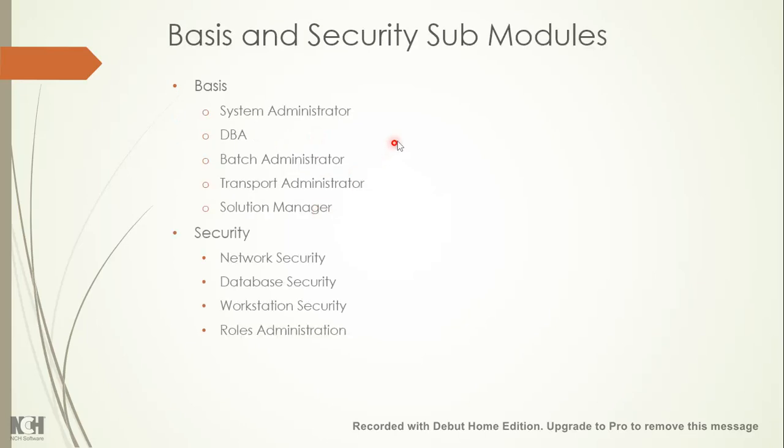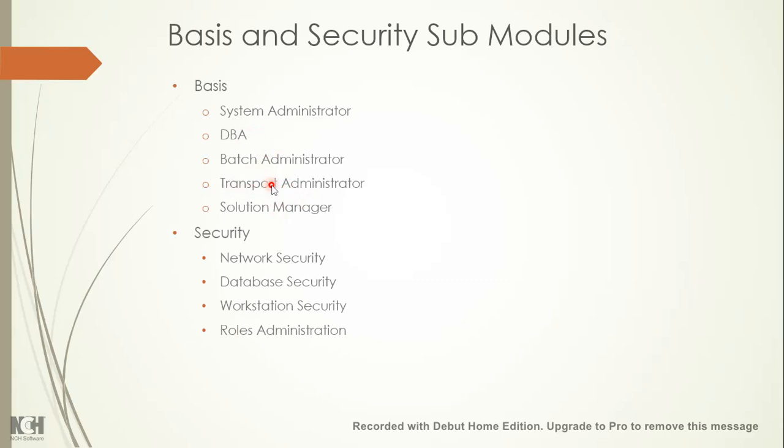Okay, so now this is a very technical side. Basis and security related sub modules. These are two different modules in SAP. Basis mainly takes care of all the systems related activities. They take care of the administration role, database administrator role, batch administrator, transport administrator. Transport in SAP does not mean vehicle transport.